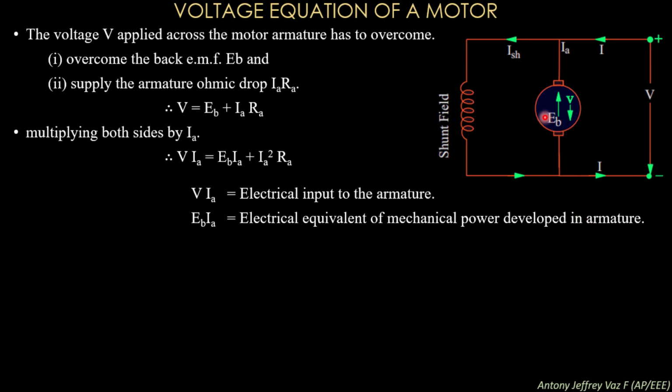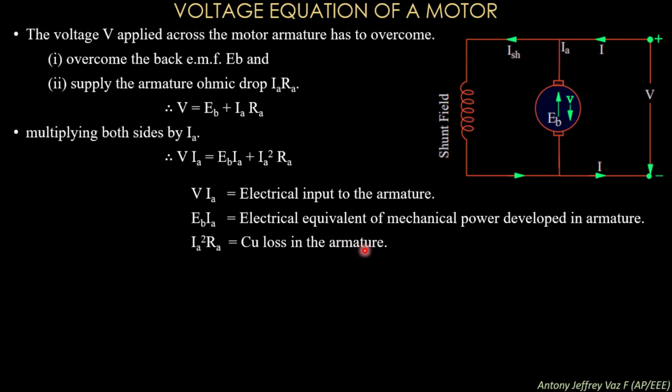So the armature is rotating, so the shaft is rotating, so the motor is running. The mechanical power developed by the motor is represented in its electrical equivalent, and this is nothing but EBIa.